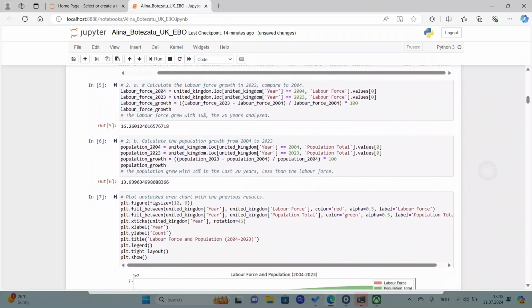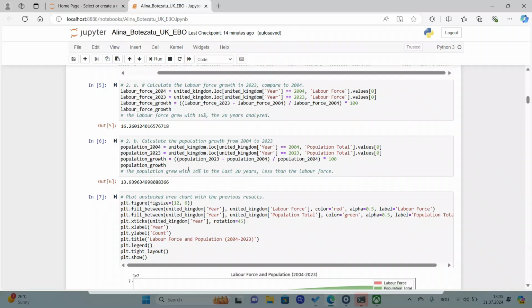Then I calculate the labor force growth in 2023 compared to 2004. The labor force grew by 16% in the last 20 years analyzed. Here is the code. Then I calculate the population growth from 2004 to 2023.